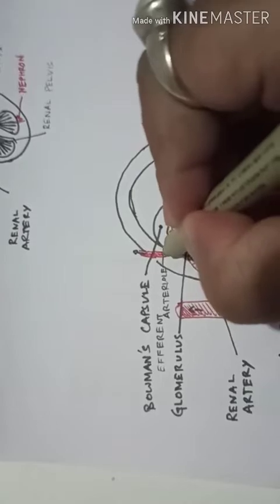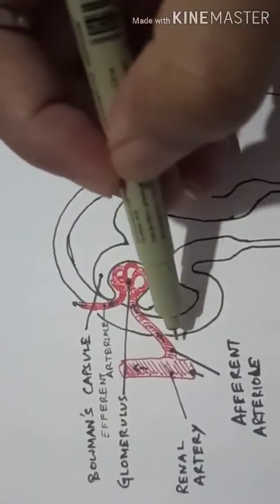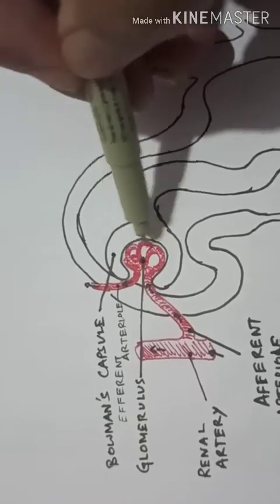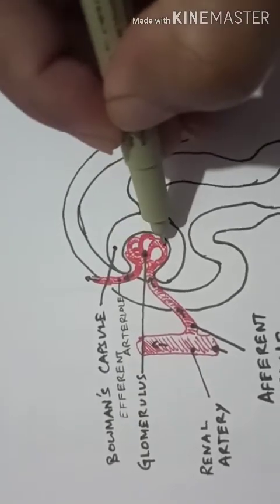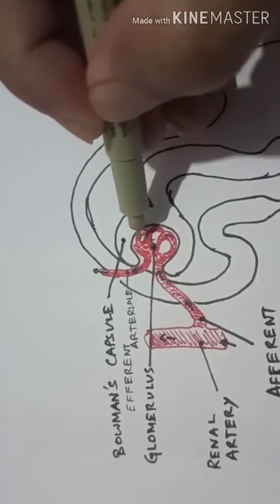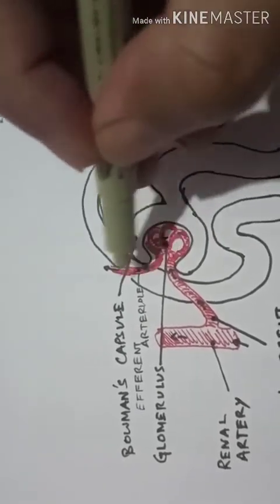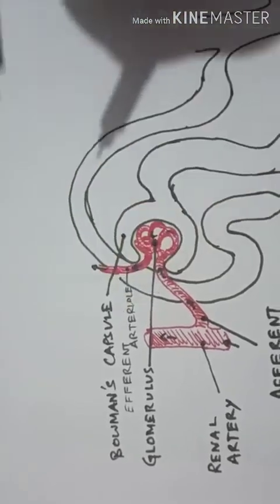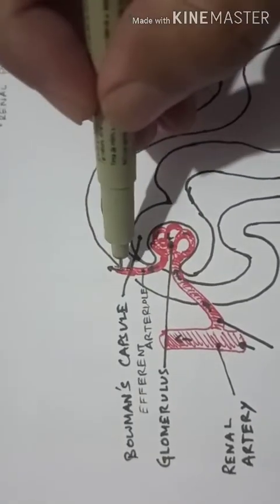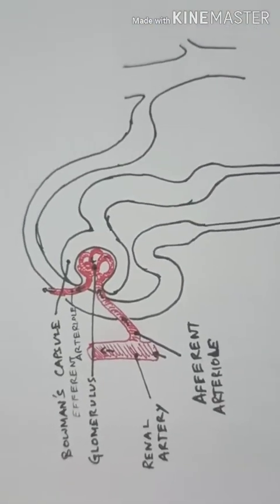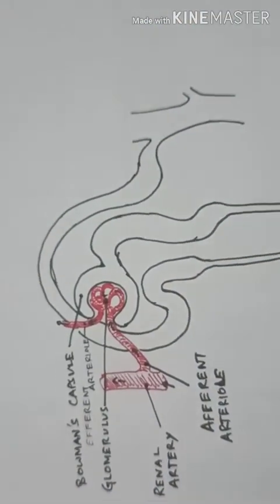This means the afferent arteriole brings the blood into the Bowman's capsule, and then the glomerulus will be formed, and through the glomerulus the blood is going to pass through every single part and corner, and then finally it will move out through this particular section, which is known as the efferent arteriole. What actually happens is the efferent arteriole will then encompass the entirety of this portion.